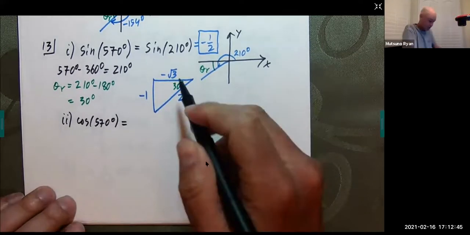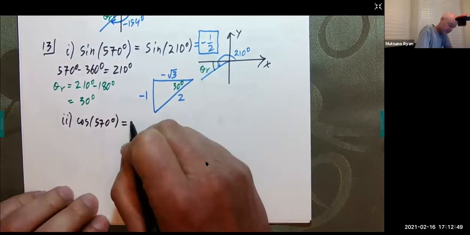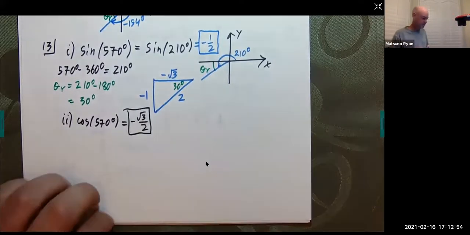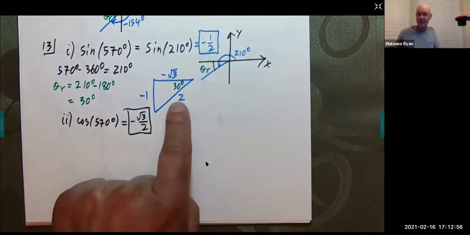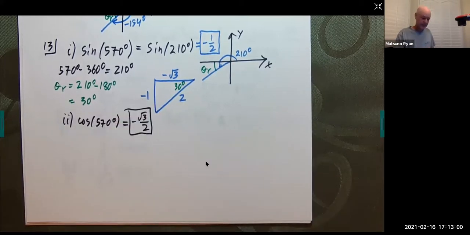Well, that's going to be this triangle again, but now it's going to be the adjacent, -√3/2. Once you get to that triangle and you get the signs correct, just be real careful with that. All right, moving on.